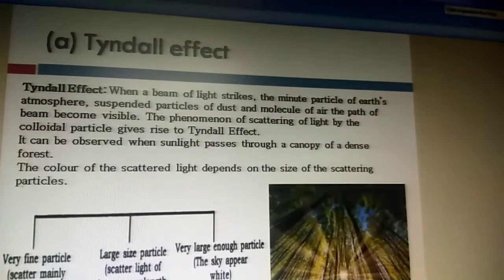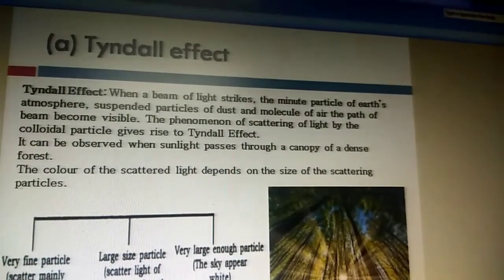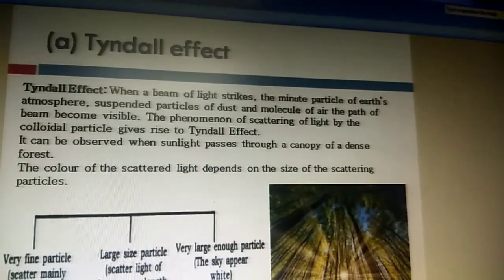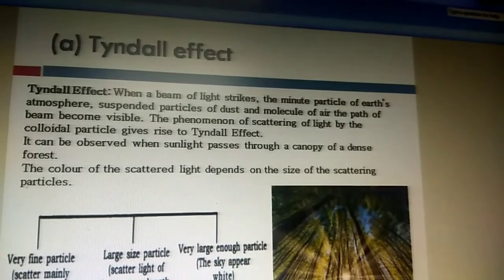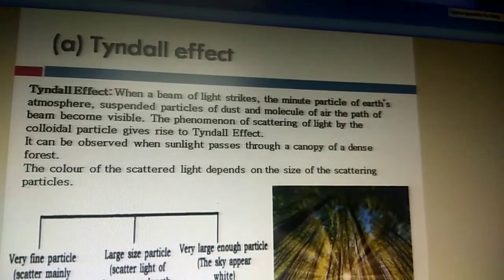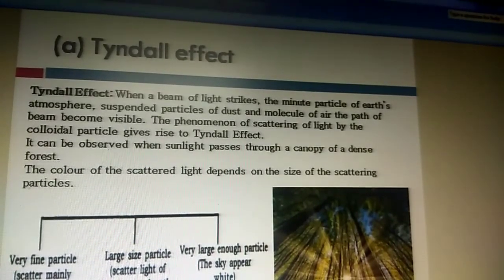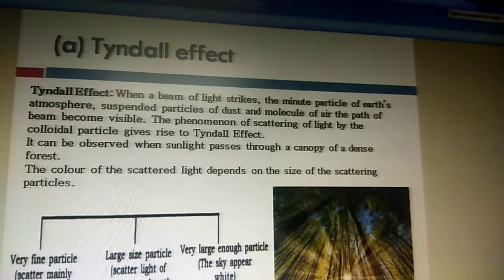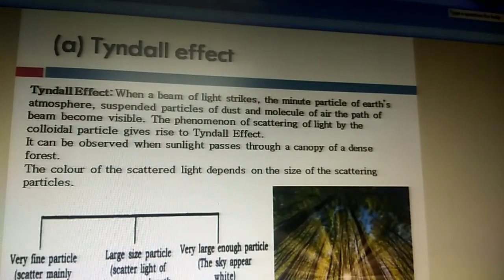For example, the Tyndall effect. This Tyndall effect is also because of scattering of light. When a beam of light strikes the minute particles of the Earth's atmosphere, the suspended particles of dust and molecules of air, the path of the beam becomes visible.